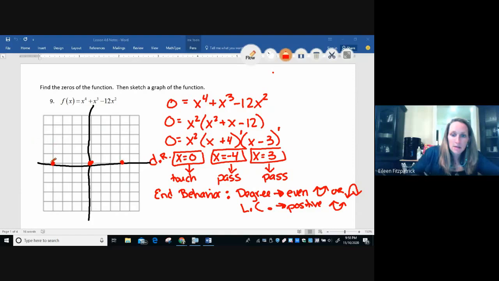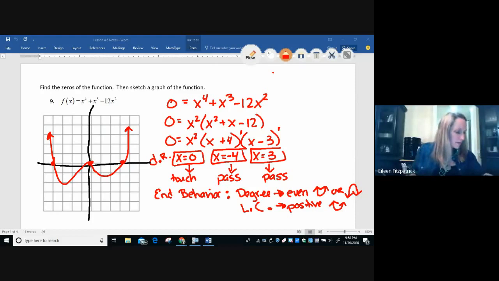The ends are both up. We said that it passes through -4, it touches at 0, and it passes through at +3. I think we did all of these problems in one of the earlier lessons, because these are just review.